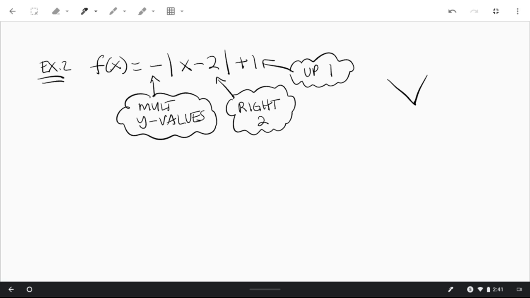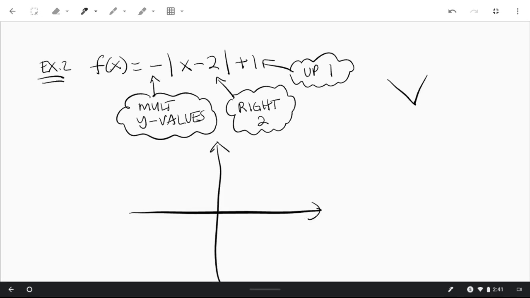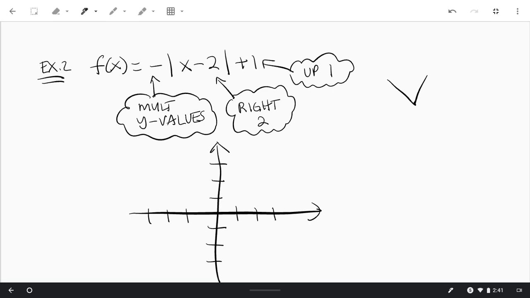So let's go ahead and graph the original parent function. Okay, so let me get my red pen back.